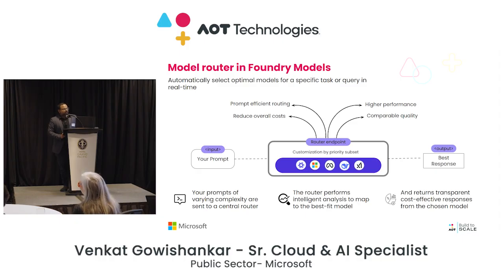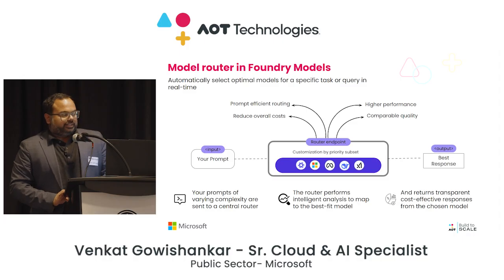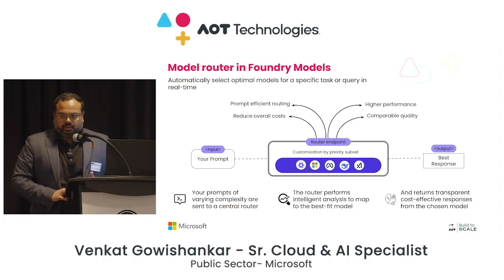Model router within Foundry, again, is something that we learned over the past few years with our customers. We realized, do all requests need to go to a large language model? Maybe not. What if the request is just summarizing a paragraph? Do I need to use an expensive GPT-5 model? No, maybe not. You can actually offload it to 4.0 Mini or something like that.